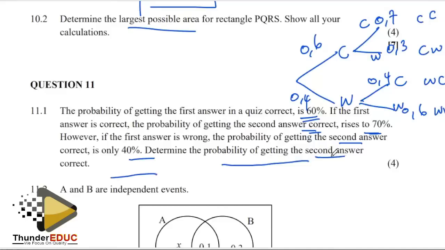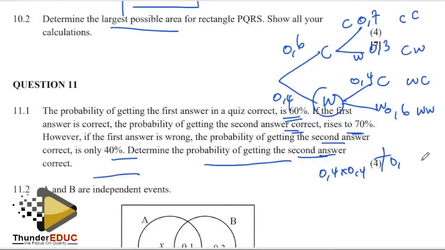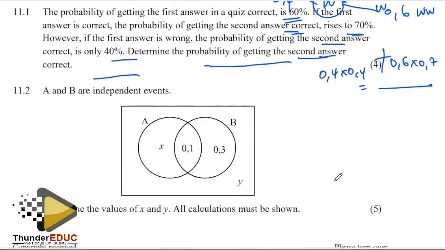Now they are not being specific whether the first answer is correct or wrong, but the second answer has to be correct. So it's possible for you to get the first answer wrong and then the second answer correct. So that's 0.4 times 0.4 plus first answer correct and second correct, so 0.6 times 0.7. Multiply that, and give your answer either as a decimal or a percentage. Remember, probability can be expressed in three ways: percentages, fractions, and decimals.